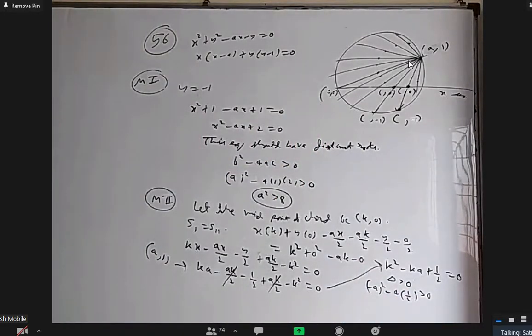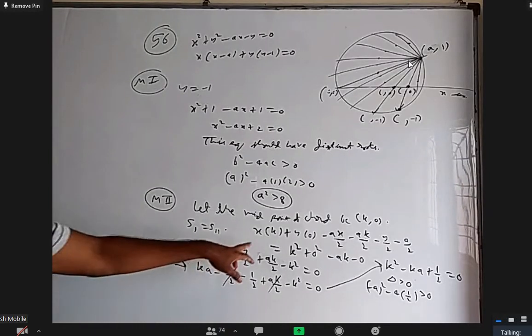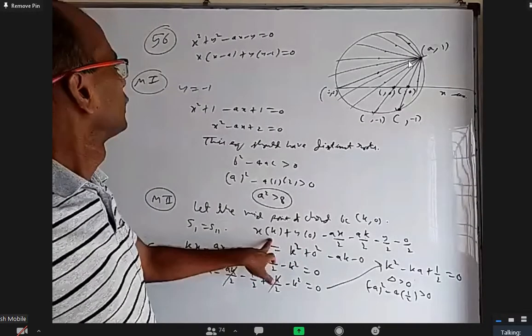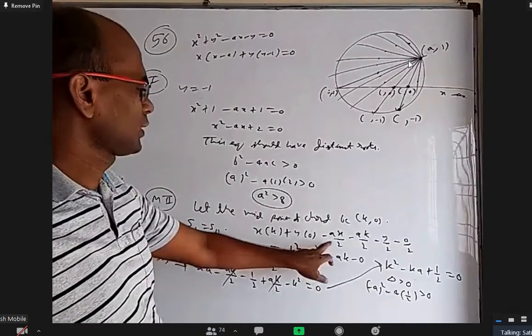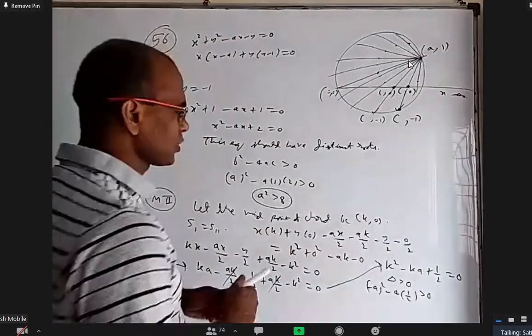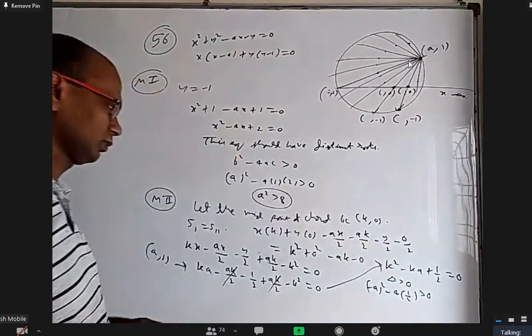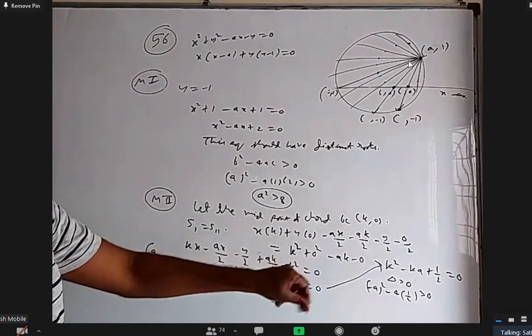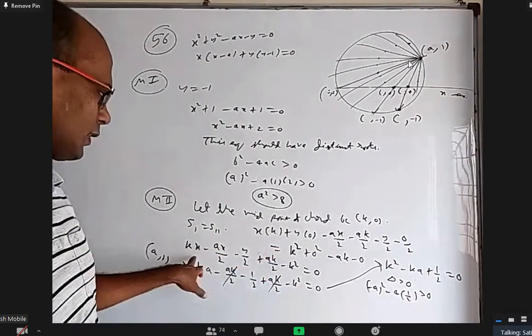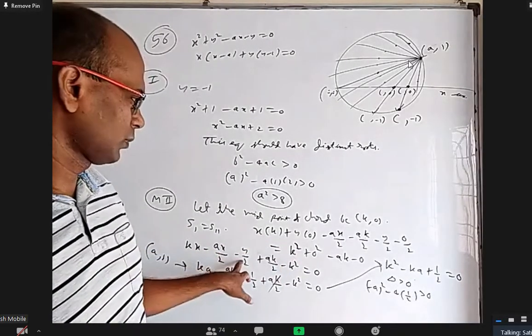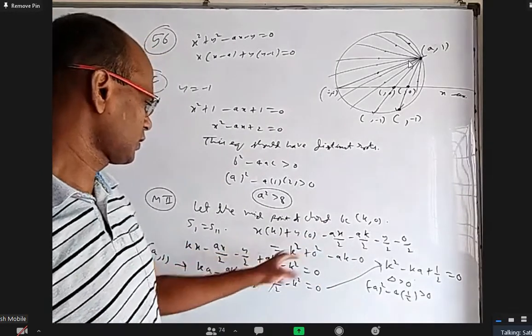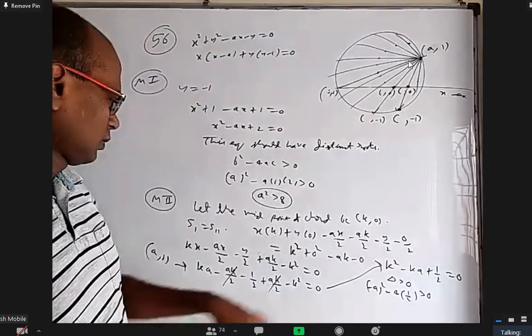Is it 1 by 2 or something wrong? k x plus 0 y minus x by 2 minus 2. This is 0 by 2, correct? This is okay. Now we wrote k x minus x by 2 minus 8 by 2 plus 8 by 2 minus this.